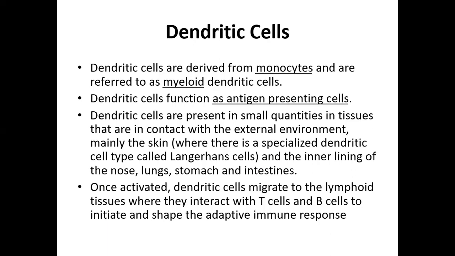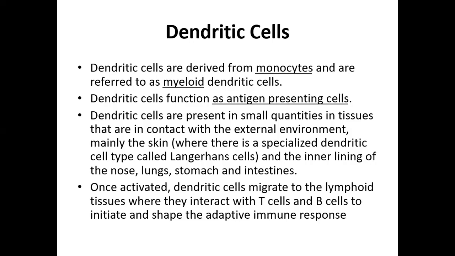Dendritic cells are derived from monocytes and are referred to as myeloid dendritic cells. Dendritic cells function as antigen presenting cells. They are present in small quantities in tissues that are in contact with the external environment, mainly in the skin, where there is a specialized dendritic cell type called Langerhans cell, and the inner lining of the nose, lungs, stomach, and the intestines.